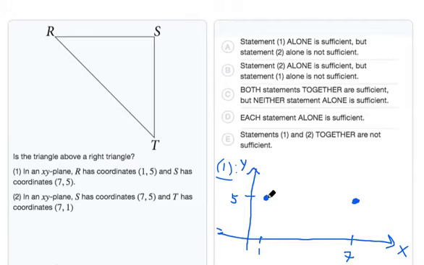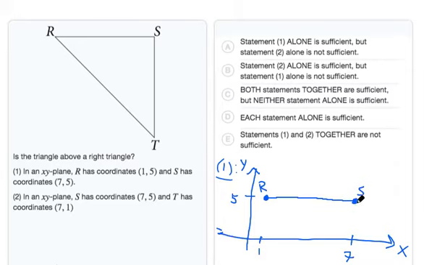So this means that we know for a fact that both of these have a y coordinate of 5. We don't know where T lies, so let's just label this as R and this as S so we don't forget which is which. The issue would be if this line here formed a 90-degree angle.